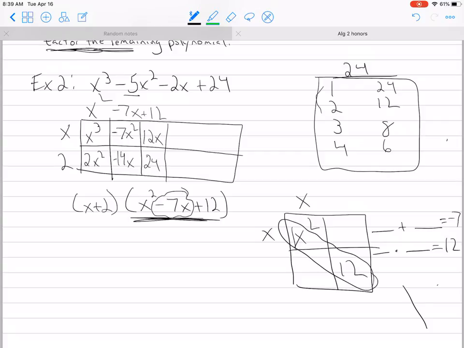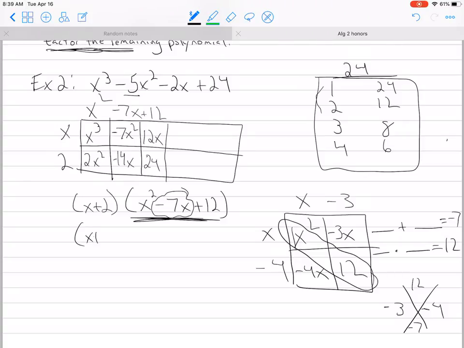So I need two numbers that multiply to 12 and add to negative 7. 3 times 4 is 12. 3 plus 4 is 7, not negative 7. So I need negative 3 and negative 4. Negative 3 times negative 4 is positive 12. Negative 3 plus negative 4 is negative 7. So I get an x minus 3 and x minus 4.